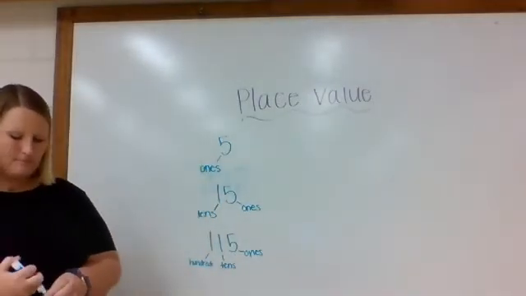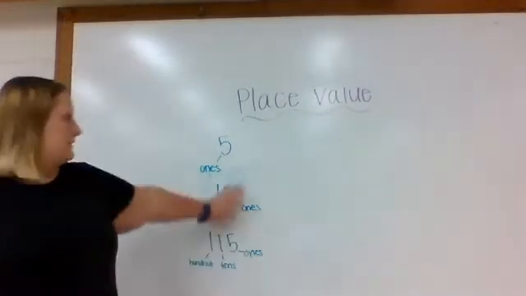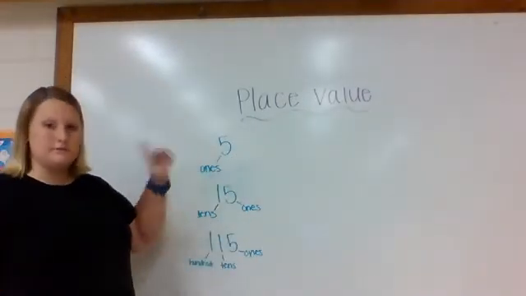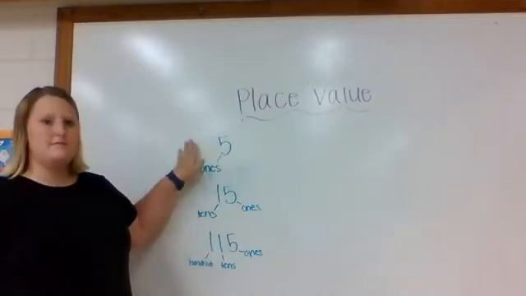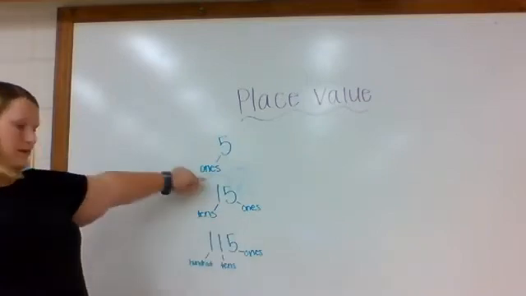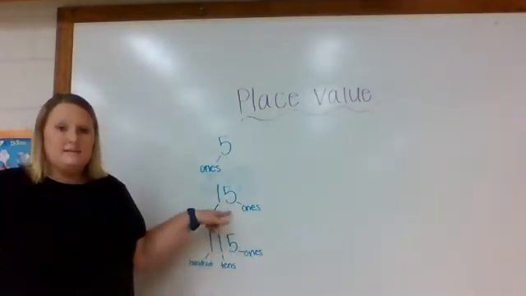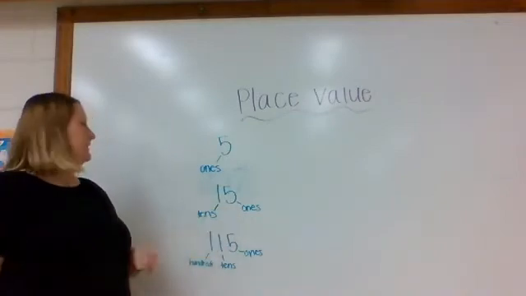So I'm going to go over it again. We have just a single number, just one number. The number 5 is going to be in the ones place. We have the number 15.